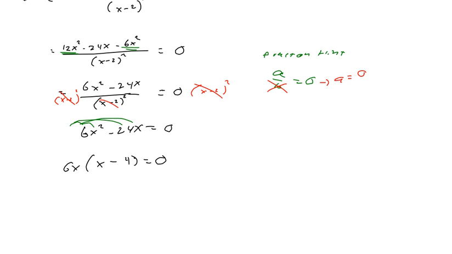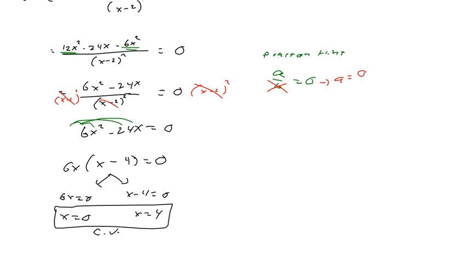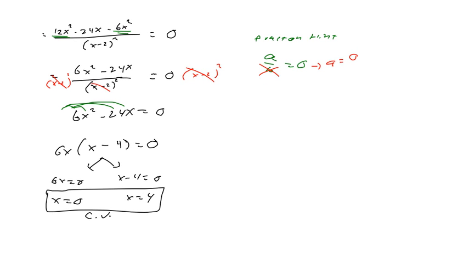Okay, so now again I have my zero product property. 6x equals 0 and x minus 4 equals 0. So I've got x equals 0 and x equals 4. Amazing. Critical values. So, little tips and tricks for solving.